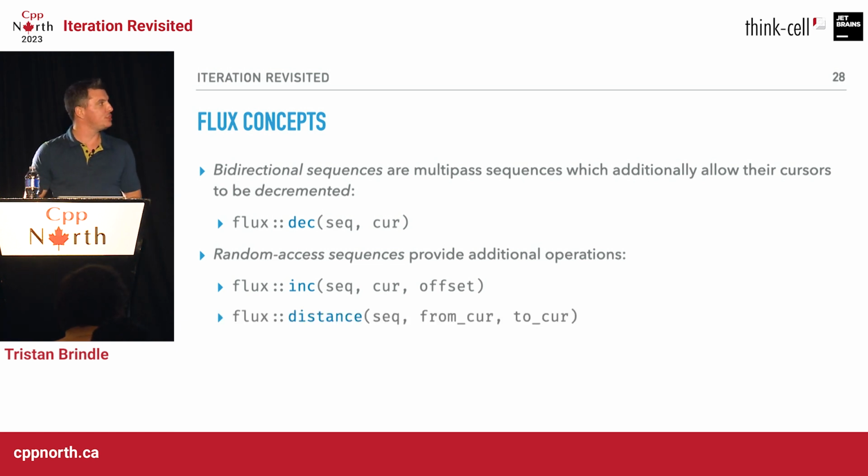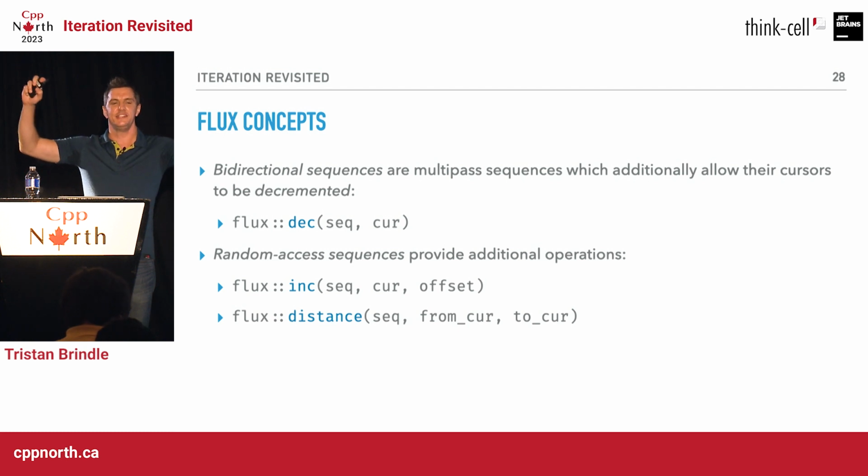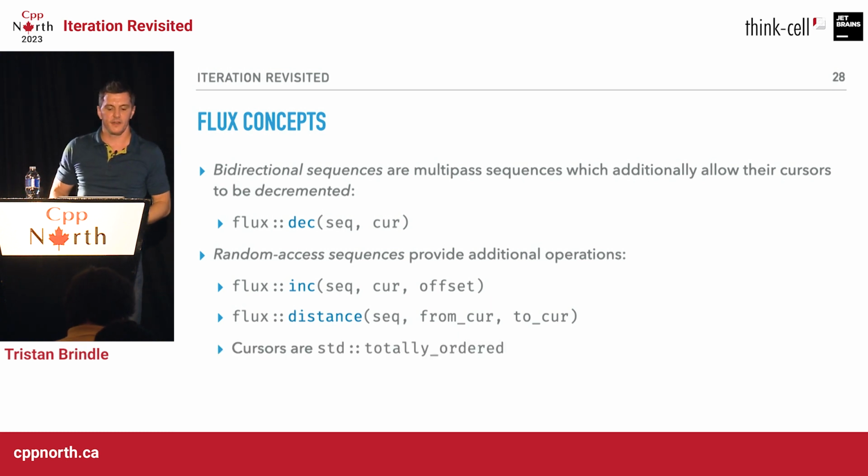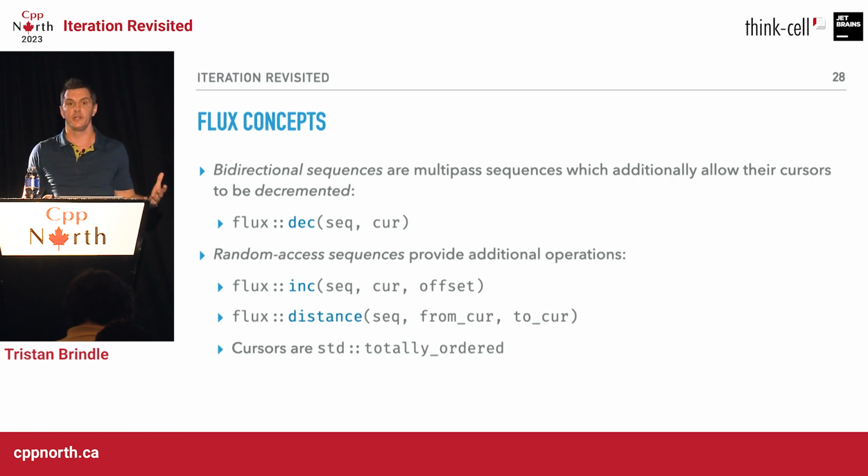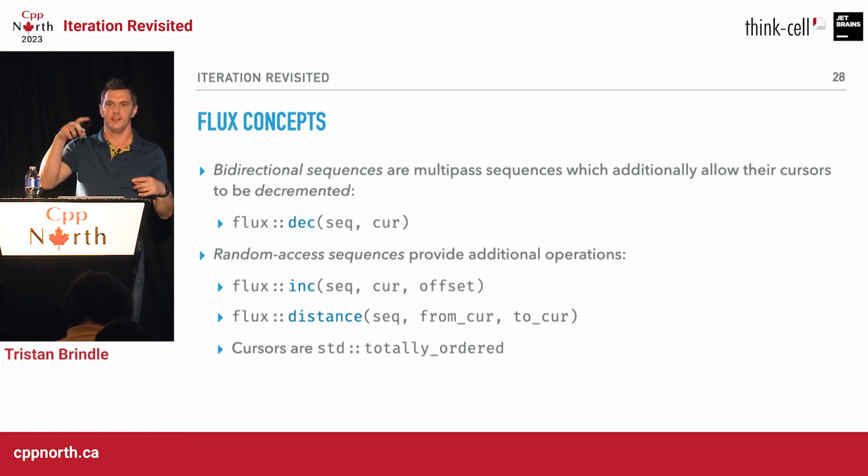It provides a distance operation, so if you've got two cursors into your random access sequence, you can ask how many elements are there between these two positions. And finally, cursors for random access sequences must be totally ordered. That is, they must provide all of the less than, greater than, etc. operations so that we can ask whether this cursor position is earlier or later in the sequence than that cursor position.